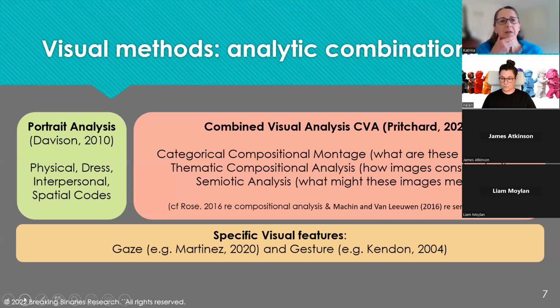But in this project, we also pulled in Davison's portraiture codes. You may remember those from earlier. Davison's work originates in critical accounting studies, looking at the representations of portraits in annual reports, and is a very useful summary method that draws on a lot of good visual methods work outside the sort of management and organisation field to actually suggest some way of coding portrait focused images.